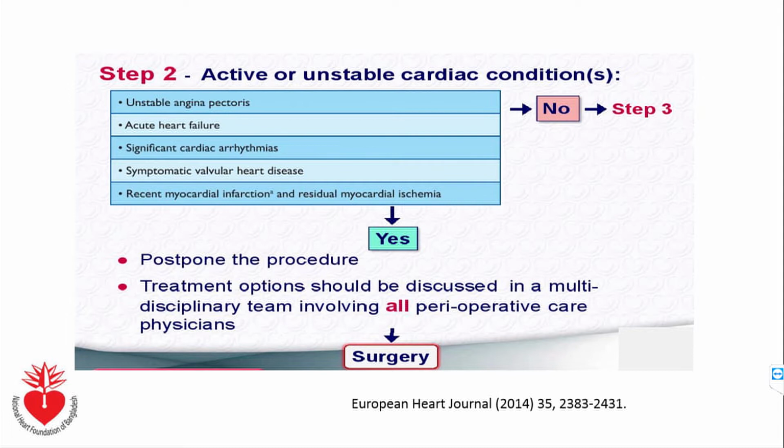If the patient has these problems, you should postpone the surgery, and the surgeon, cardiologist, and perioperative care physician should consult, and give the patient guideline treatment for the cardiac problem and then go for surgery.